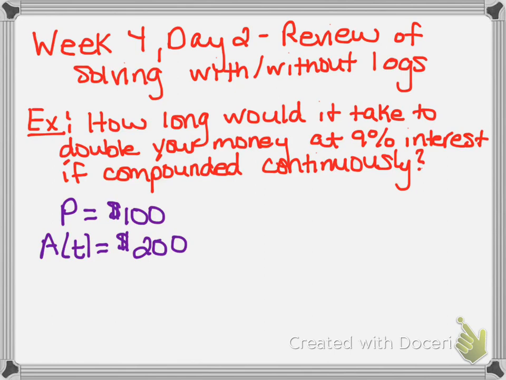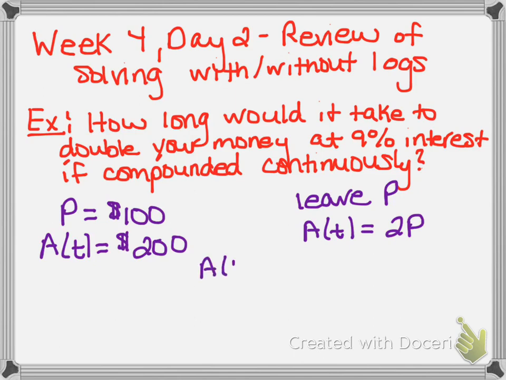Option 2 is to just leave P as it is. And so if you're saying your principal is P and you're going to double your money, that makes your ending amount 2 times whatever P is. Okay. So either way, let's say that I took my continuous interest formula, which was A of T is P e to the rt.